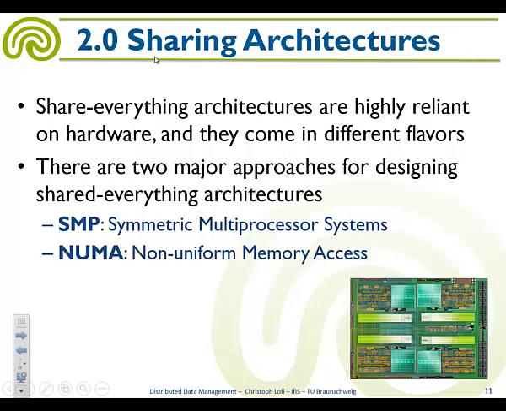Shared everything architectures do share secondary storage, and they do share main memory. But how they share main memory and secondary storage can change. Basically we have 2 different approaches here. One is symmetric multiprocessor systems, the second one is non-uniform memory systems.